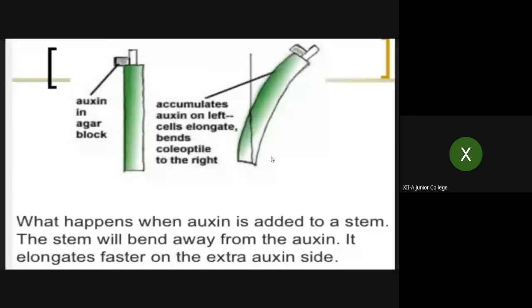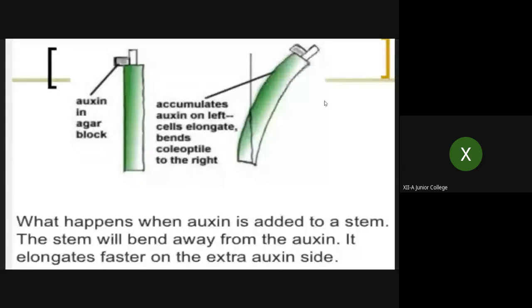So what happens when auxin is added to a stem? The stem will bend away from the auxin, because auxin is present in the agar block. That substance was transported into the agar block from the growing shoot part, and the same block was kept asymmetrically on the removed part of the stem. Then the bending is observed in the opposite direction.